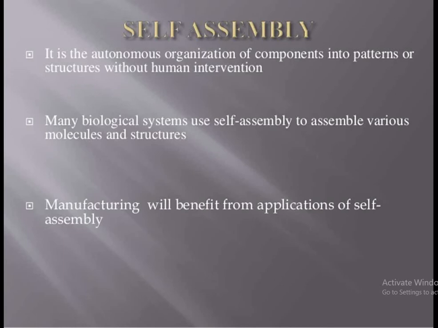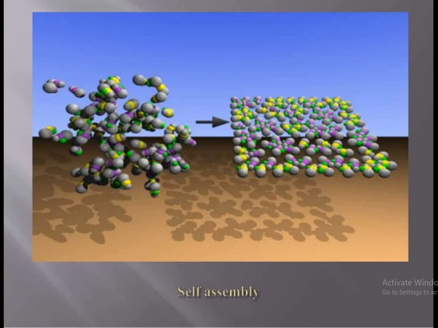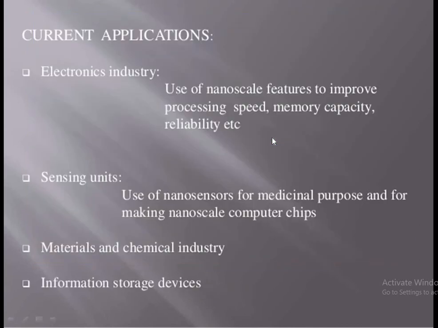Many biological systems now use self-assembly to assemble various molecules and structures. Manufacturing will benefit from the application of self-assembly. This is the self-assembly, autonomous one, with no human intervention.